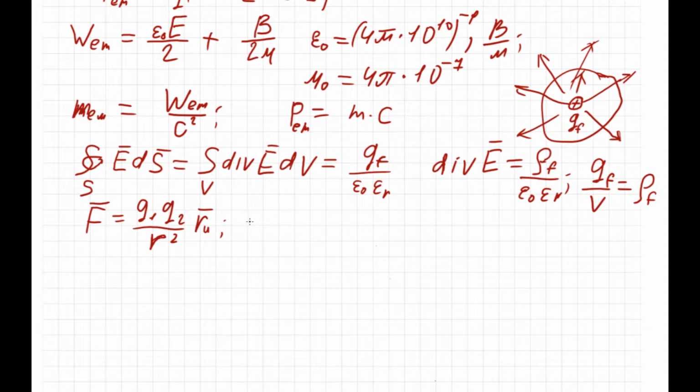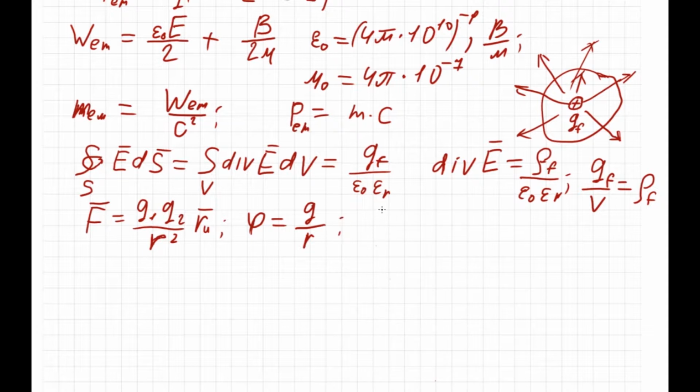Next formula is the potential of electric field. Potential of electric field is equal to charge divided by distance to the point in which we are measuring the electric field.